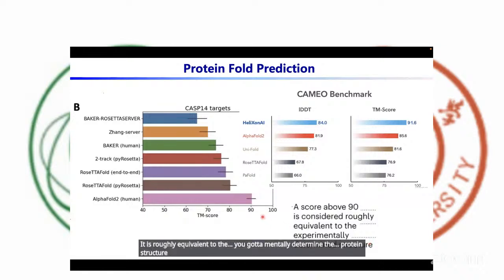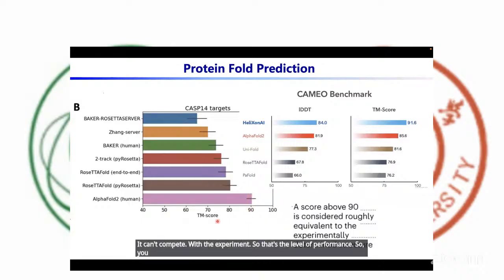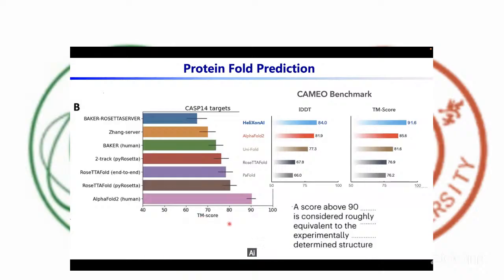Once it reaches that level, it can compete with experiment. So you can see that AI has reached that level.